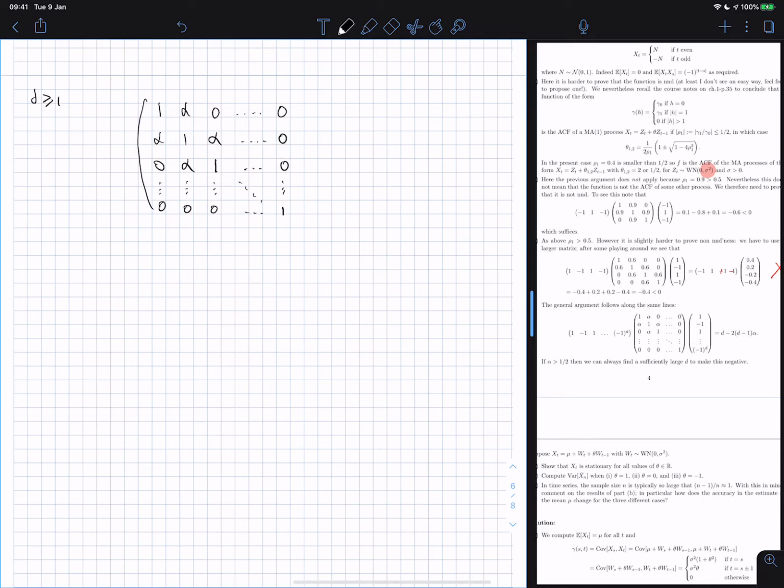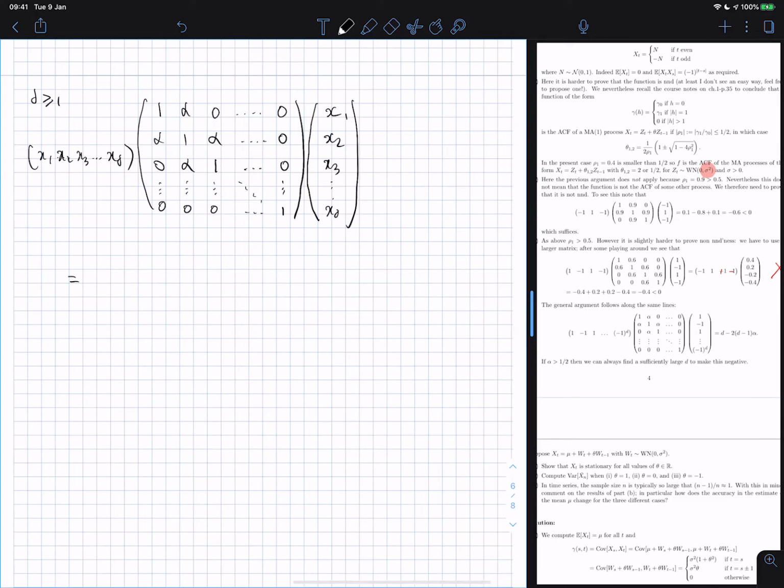And then I'm going to take vectors of this form, x1, x2, x3, up to xd, and in here it's going to be x1, x2, x3, up to xd.